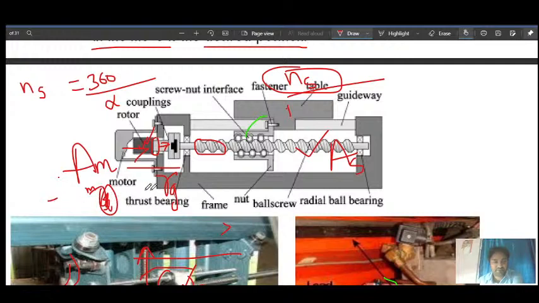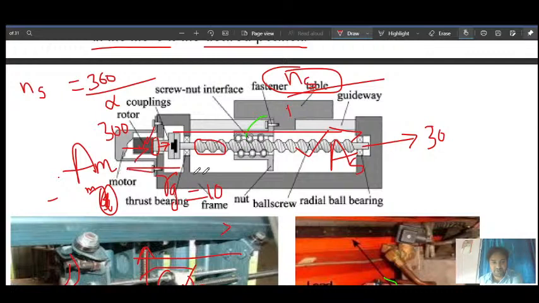For example, if gear reduction is 10 and the motor runs at 300 rpm, then due to gear reduction, the lead screw rpm will be 30.